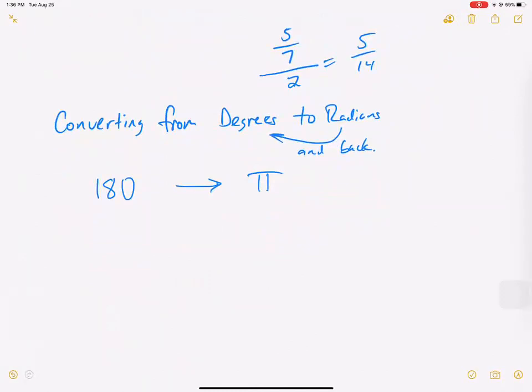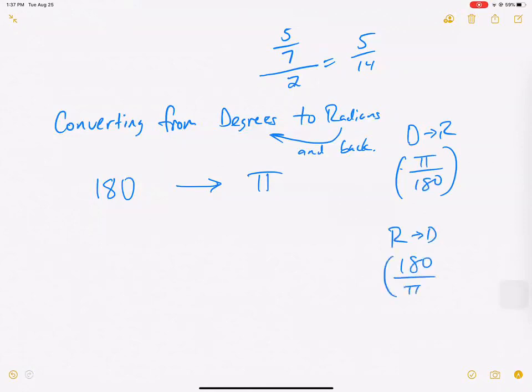So here's the key. If I'm changing from degrees to radians, we're gonna use this identity. From degrees to radians, you are gonna use pi over 180. If you're gonna go from radians to degrees, you will use 180 over pi.